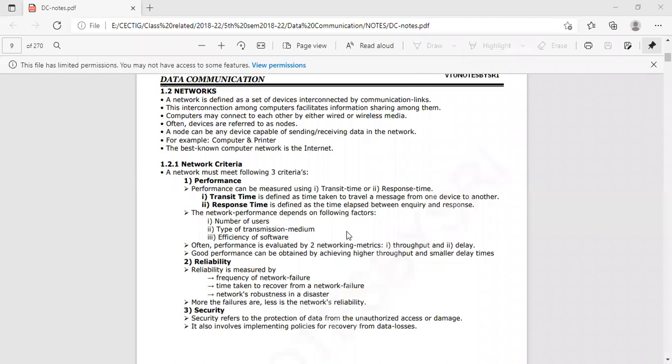If there is no security, we don't go for that particular thing. Security is a major concern in the networking sector. If I am providing the credentials of my banking account in some place, I need to be very sure that this is a secure place where I am placing my data, so that no stealing of the data can happen.